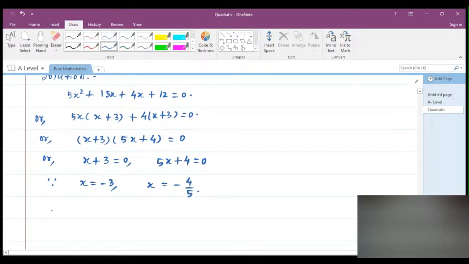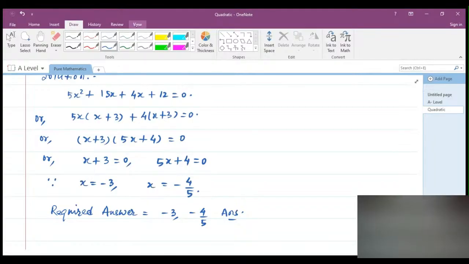So the required answer here will be x equal to minus 3 and minus 4 by 5. This one will be the answer of this question. Hope that there is no problem understanding the solution of this question.